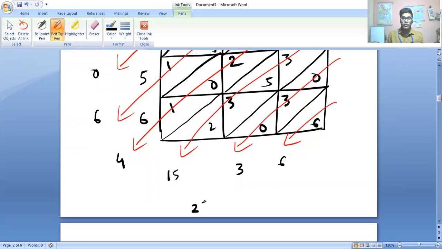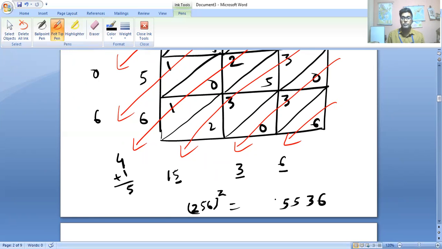What do we have here? 256 whole square. So the unit digit we will take, and from the second place onward, we will carry forward to the next number. We have 6, then 3, then 15. We are carrying 1 to the next number, so it becomes 5.